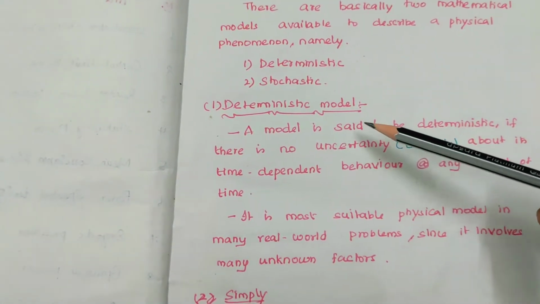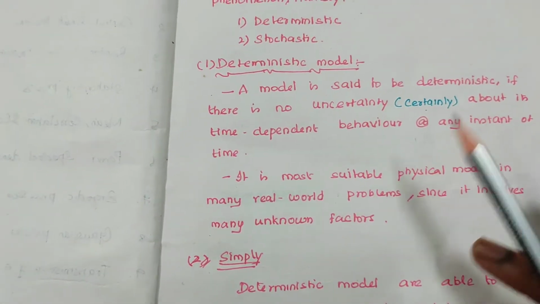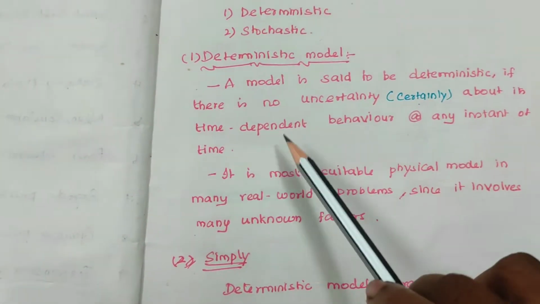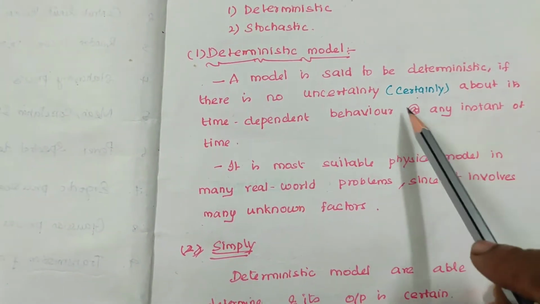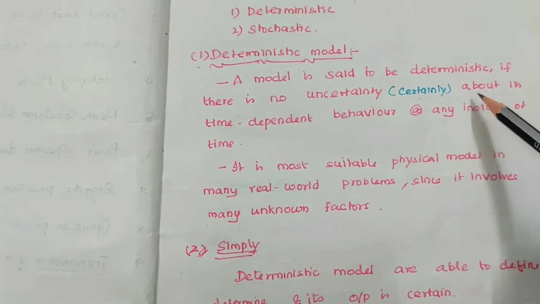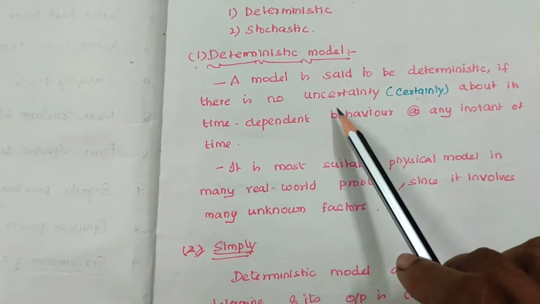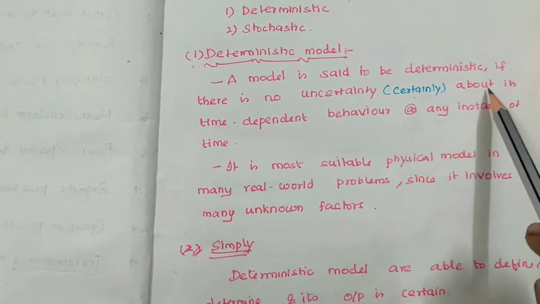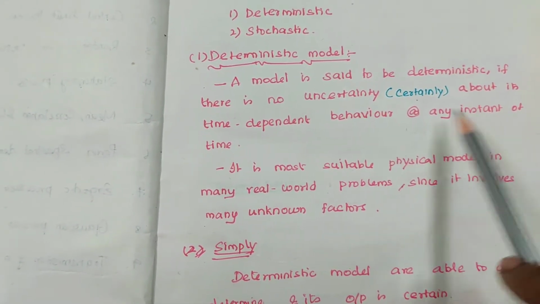So what is a deterministic model? As per the definition, a model is said to be deterministic if there is no uncertainty about its time dependent behavior at any instant of time.